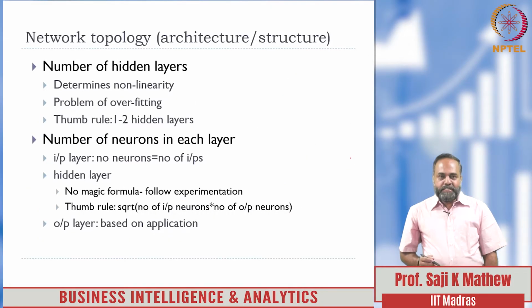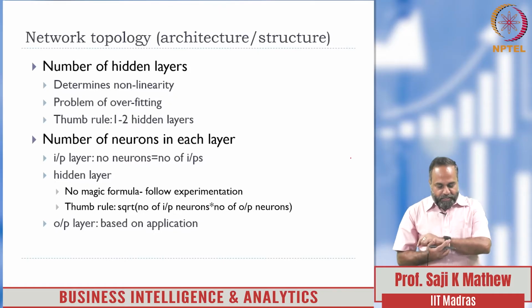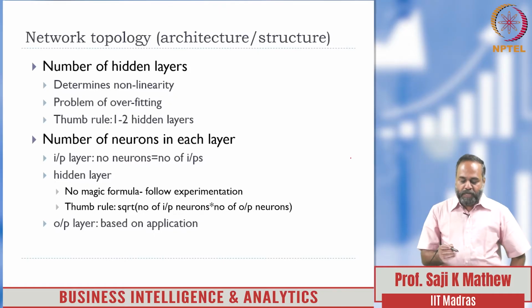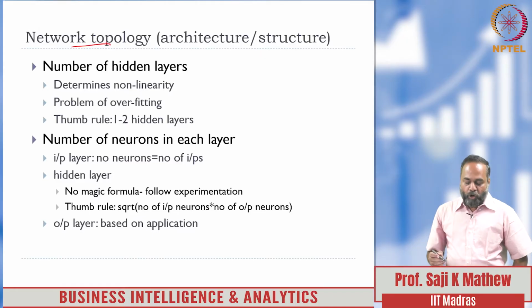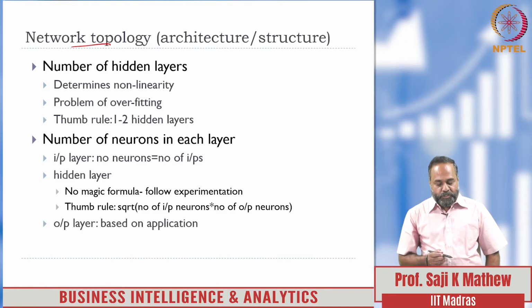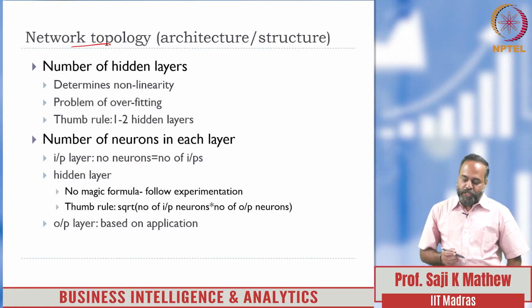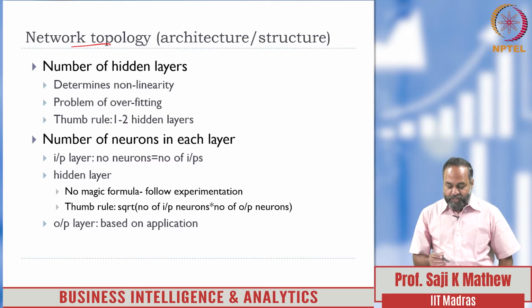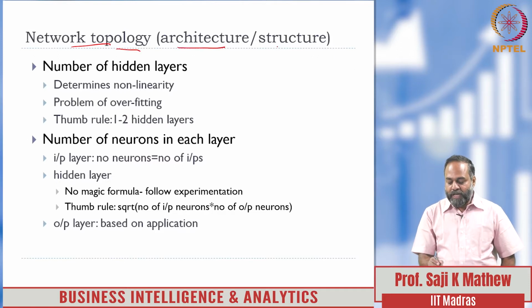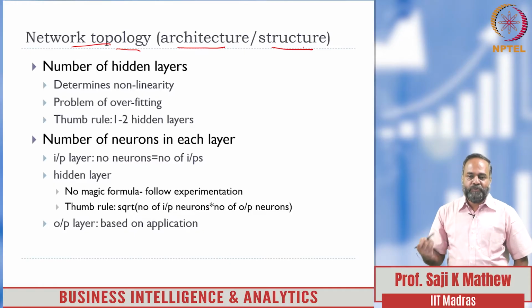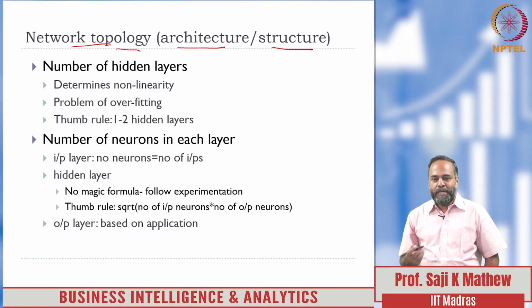Okay. So the next step in this project is choosing the network topology, and I think we discussed this already in connection with neural networks in the previous session. Topology is also known as architecture or structure. In literature you will find these different words, they all mean the same.